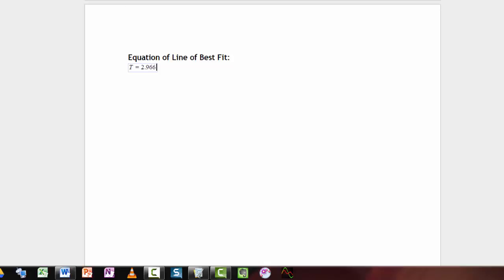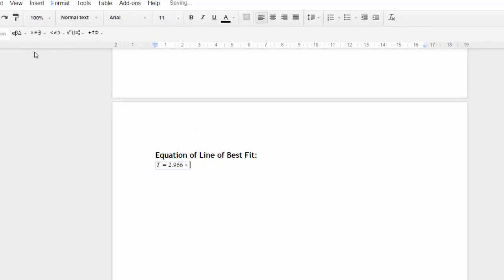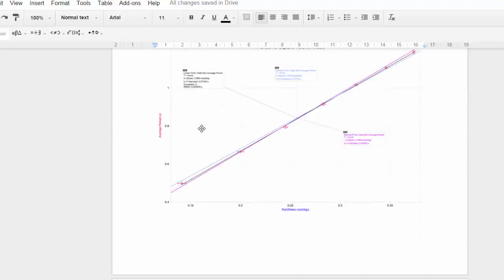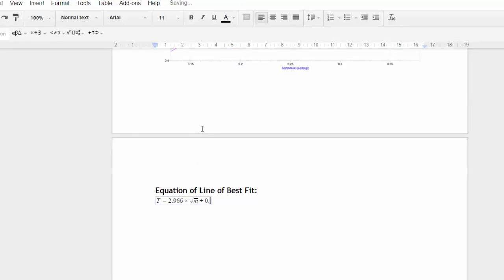And then we can put in a nice multiplication sign, times, and then we want the square root of mass, and then we want the y-intercept plus, whoops, we want that outside, so you just push right arrow to get out of the square root sign, plus, and then we want the y-intercept, which was 0.07046. Okay, there's our equation for the line of best fit, done in a beautiful equation editor.